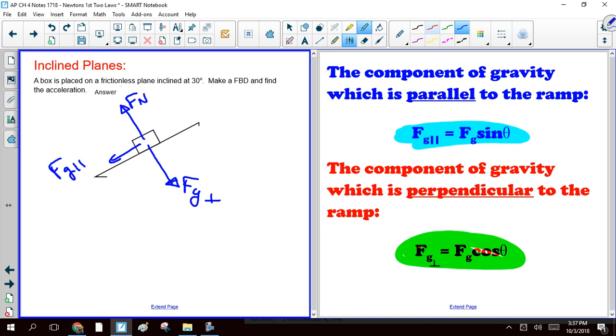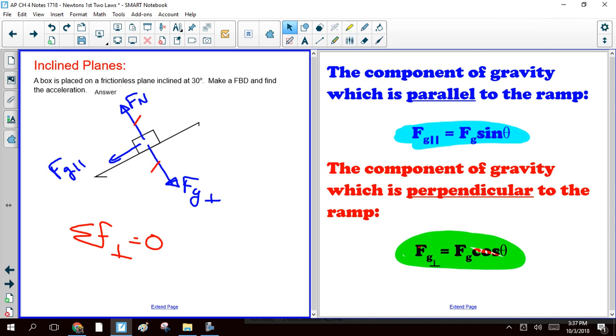All right. Now, I know that these two forces are equal, right? They have to be, because our net force in the perpendicular plane has to be zero, because the box isn't going to move either into or off of the ramp, right? So let's write down the values of these.